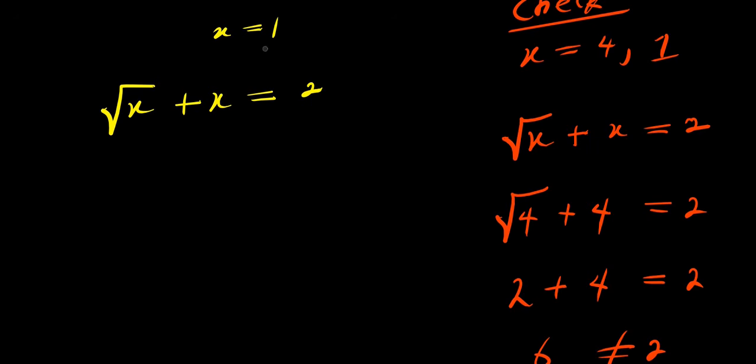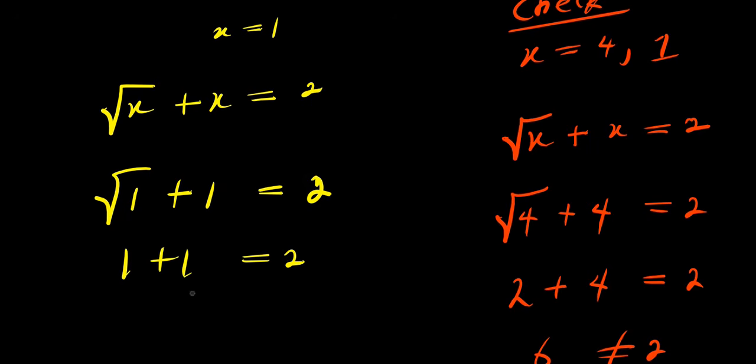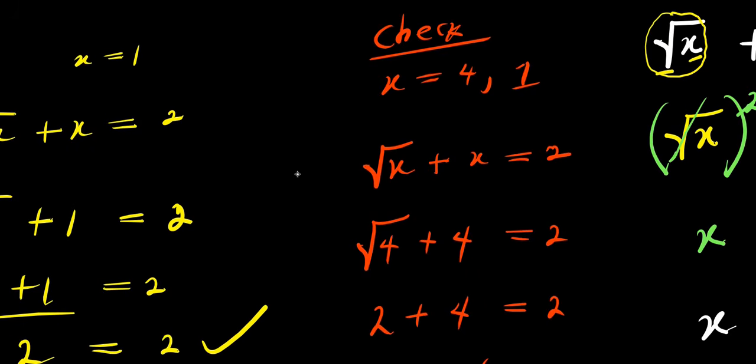We have square root of 1 plus 1 equals 2. Square root of 1 is 1, plus 1 equals 2. So this means that the only correct option here is when x equals 1, and that is the one that satisfies this equation, guys. So this is how you can solve this radical problem and find all the values of x.